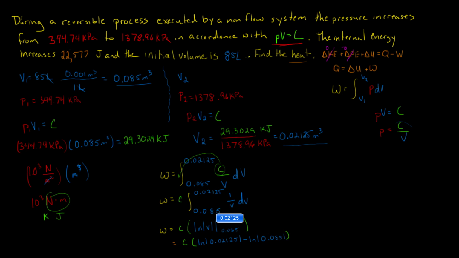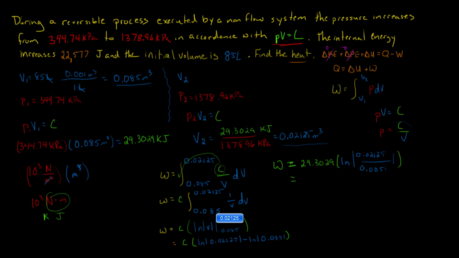And what happens is we're going to use a natural log identity to say that our work is equal to C, which is 29.3029 kilojoules, let's leave the units out right now, times the natural log of 0.02125 divided by 0.085.